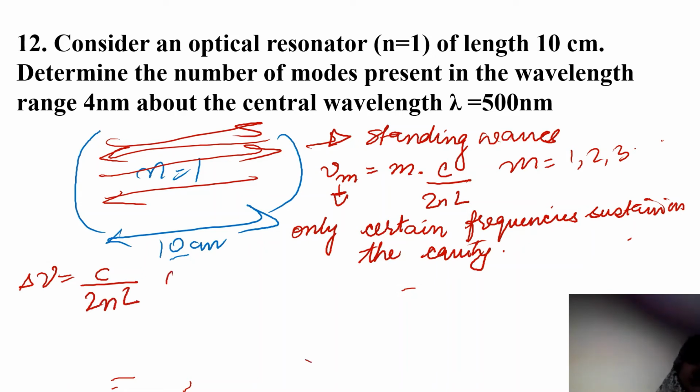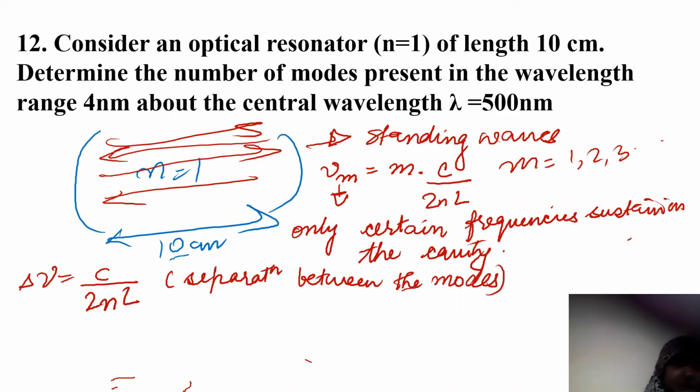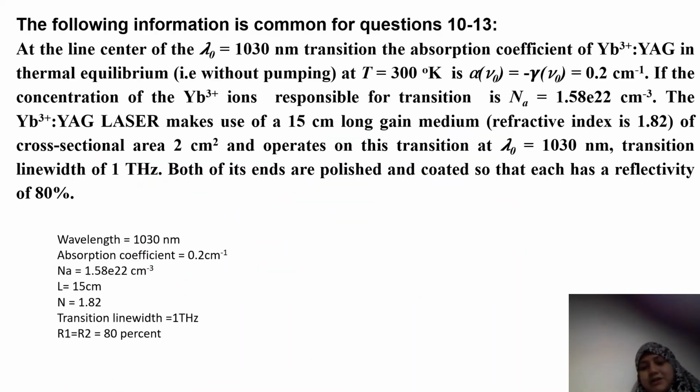This is the separation between the modes. That is, we have one mode over here, there is another mode over here, so there is this frequency separation. So what are we given over here? We are given lambda, so now we know delta nu. We are given delta lambda. So I hope you'll be able to solve the question, right? So I think enough.